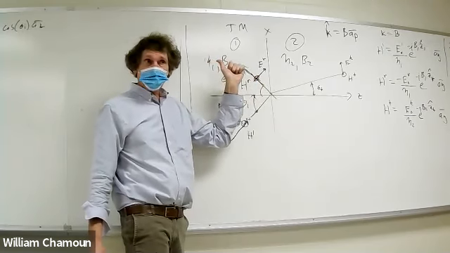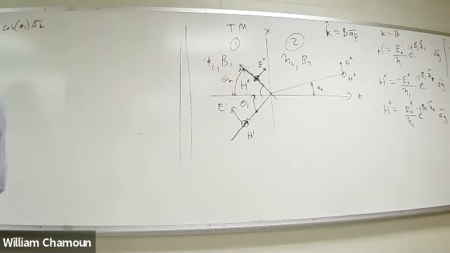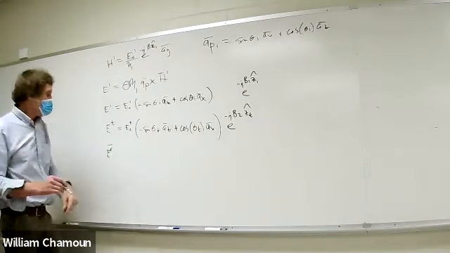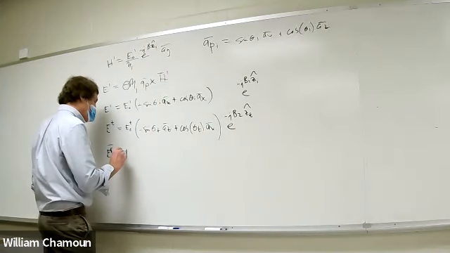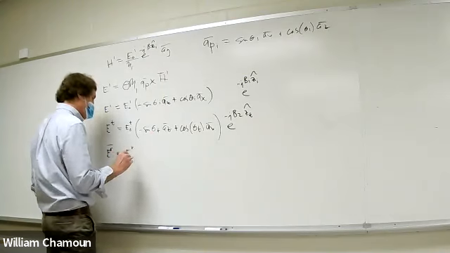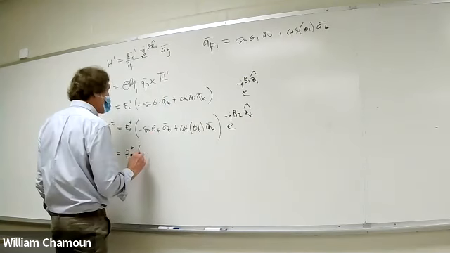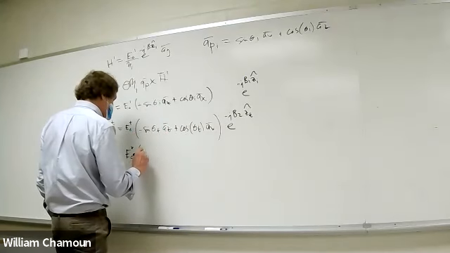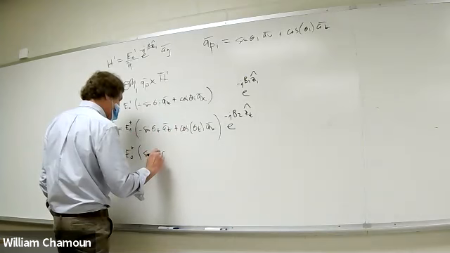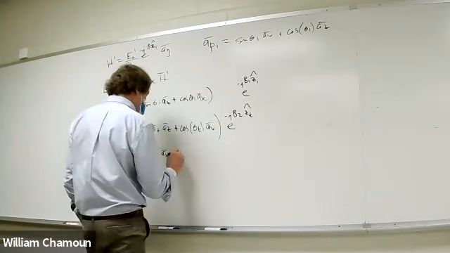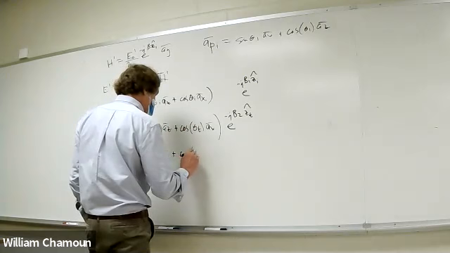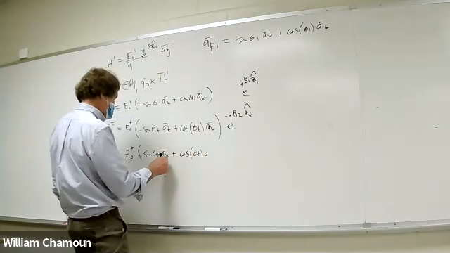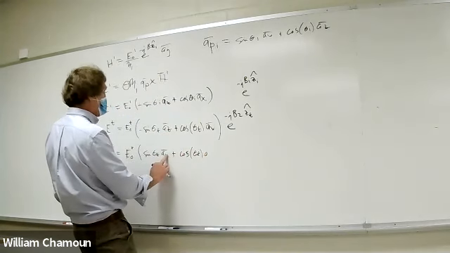Are you with me? That would be how the unit vector would change. If we did this again for the reflected field, what we would get is two positives here. Take a look at your book if you have. Because I'm running out of time with this, you're going to get E naught reflected, and then two positives. You'll get sine of theta transmitted AX plus cosine of theta transmitted AZ.